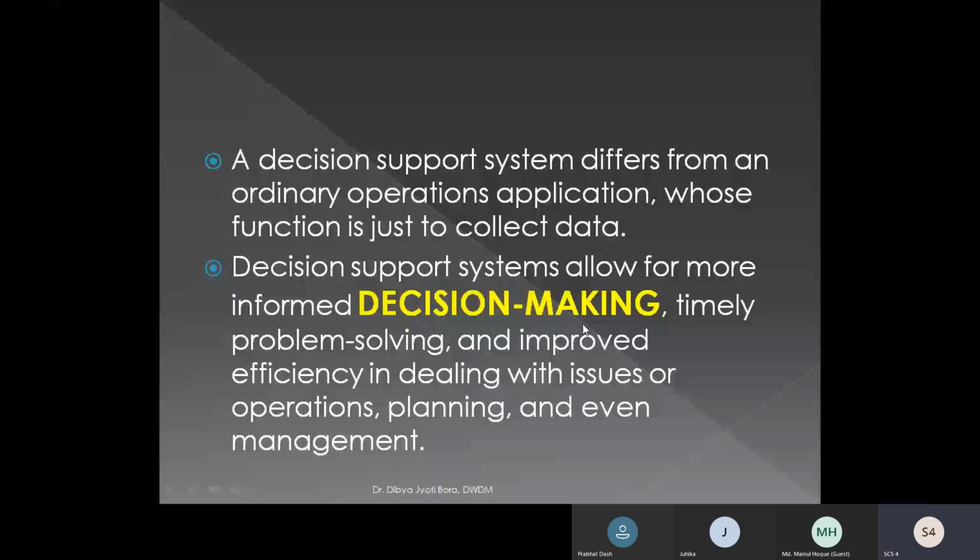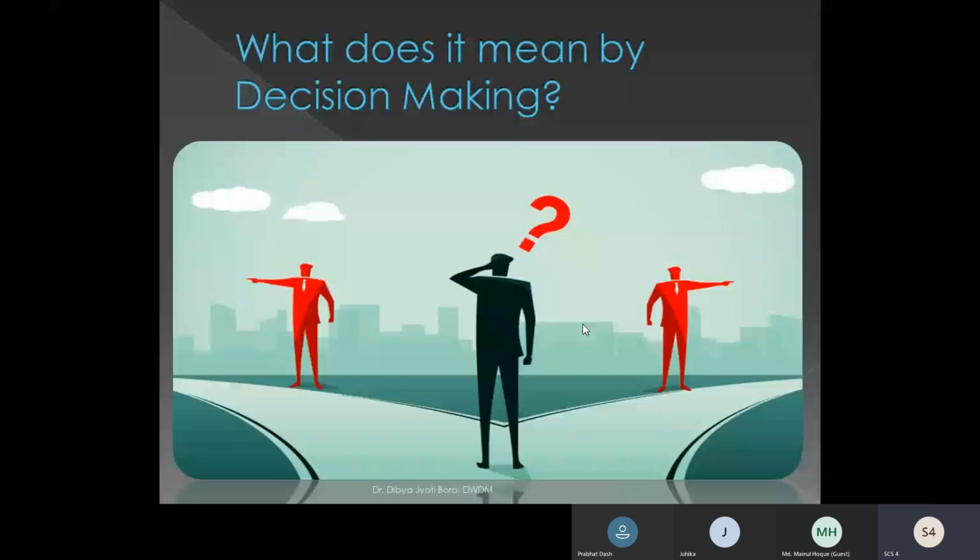Still, this diagram will more clearly illustrate what I have just explained. In this diagram, you can see that the person is confused about which side to turn, whether to go left or right. Right, what did I tell you? When you have more than one option, then you have to make some decision, right?